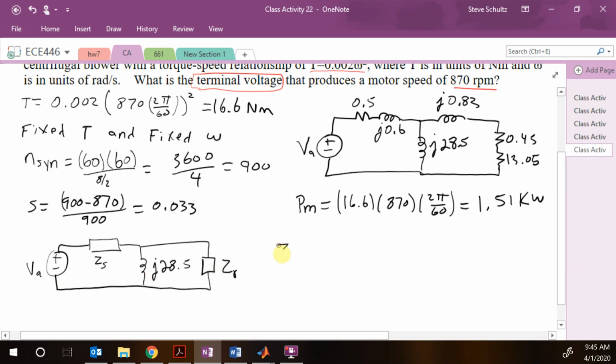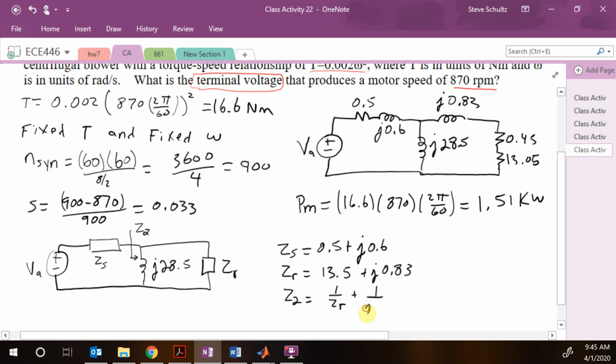So we see that the Z of the stator is equal to 0.5 plus j0.6. Z of the rotor is equal to 13.5 plus j0.83. And then we're going to call this impedance looking in here Z2. So Z2 is going to be equal to 1 over ZR plus 1 over j28.5, all inverted.